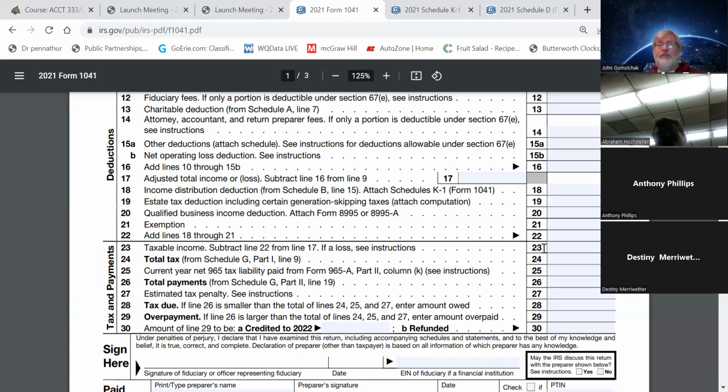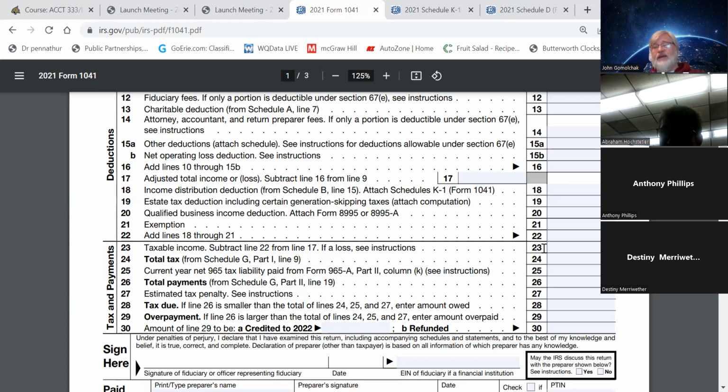So go back to the number that I threw in there before. If I have a $5,000 capital gain, no matter what my income is, my deduction is going to be the income on line 17 less the amount of the capital gain. So what's going to net out for line 23 is going to be the capital gain, which I can't distribute, minus the exemption. So if I have a $5,000 capital gain and it's a simple trust, my taxable income is going to be $4,700.